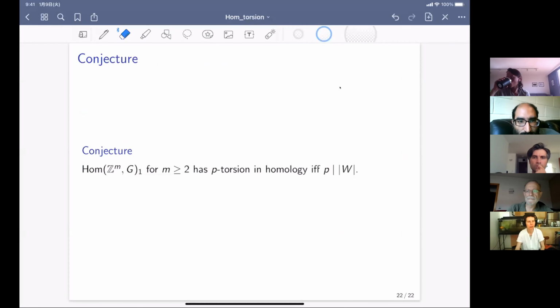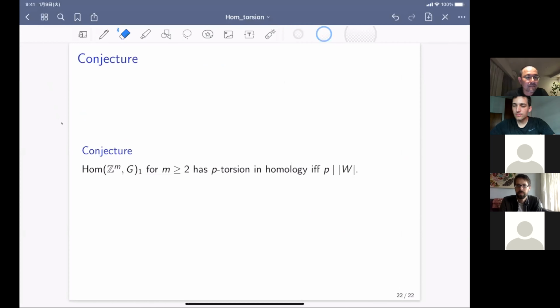So I was just wondering, you have this technique of pinching off the top cell. You're collapsing everything below the top cell and then you get these splittings.